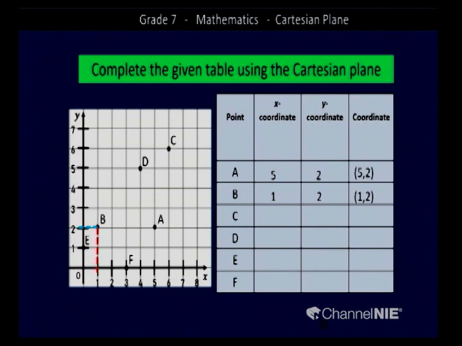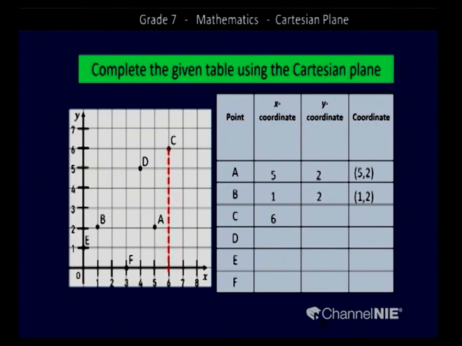Right. Then let us look at point C. To get the x coordinate of point C, once again I am going to draw a perpendicular from point C to the x axis. There I can say the perpendicular goes to plus 6 of the x axis. That means the x coordinate of point C is equal to plus 6.